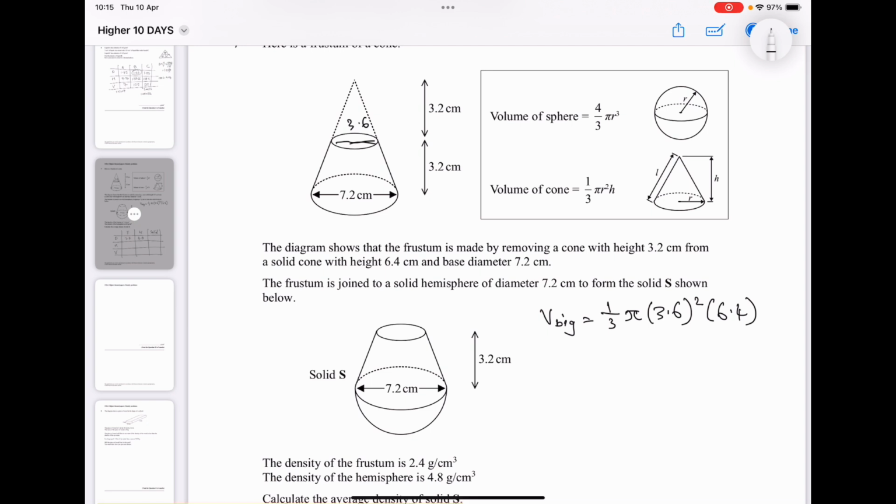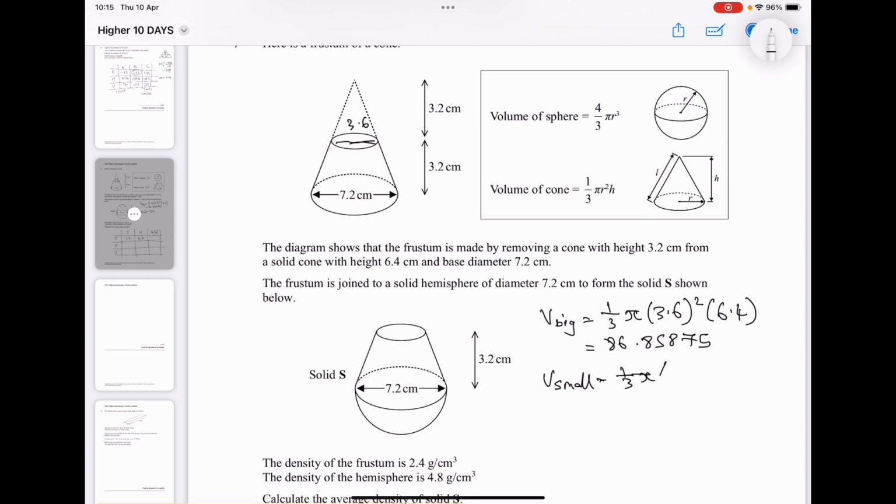You could do this basically in one line on the calculator, but we're doing a bit at a time. Brackets are very useful. That gives me 86.85875, quite accurate.